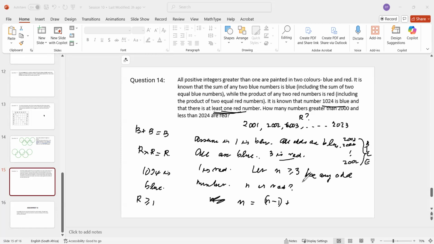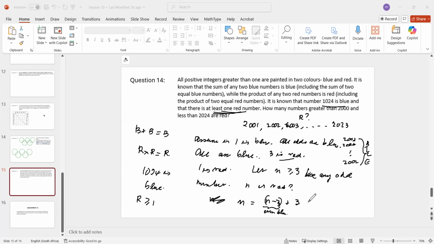So you have that n is equal to n minus 3 plus 3. So what you have here is that n is odd, so odd minus 3 is even. So this is blue. And if 3 is blue, then you have that n is blue.